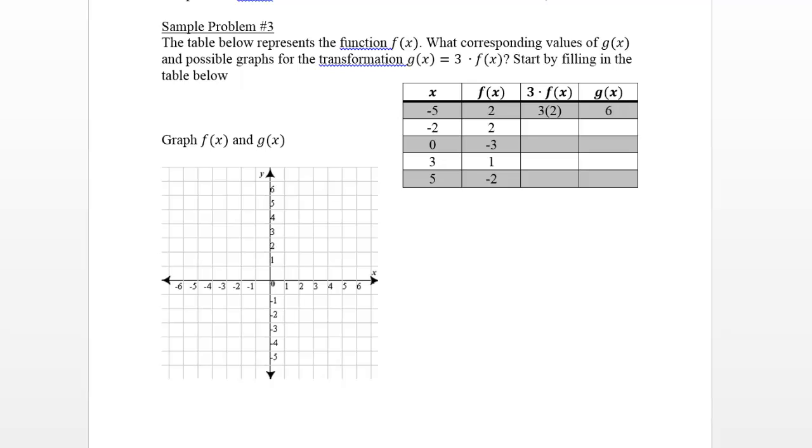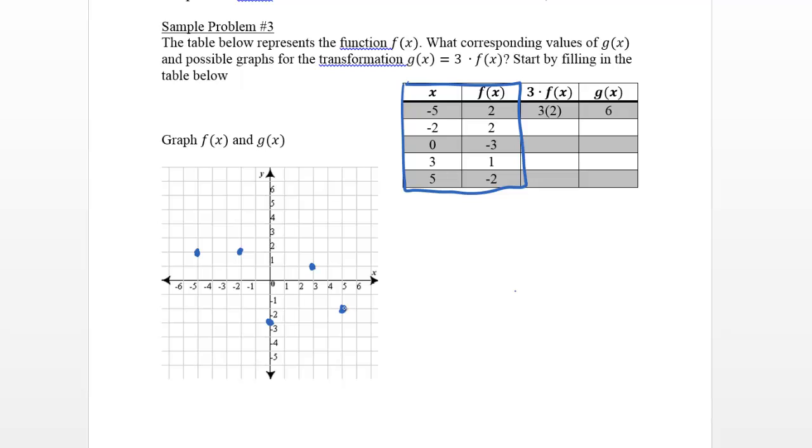Okay, so I'm going to start by focusing in on this part of the table, x and f of x. These are points. So I'm going to say -5, 2; -2, 2; 0, -3; 3, 1; and 5, -2.